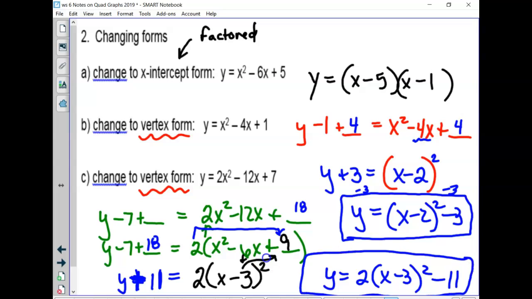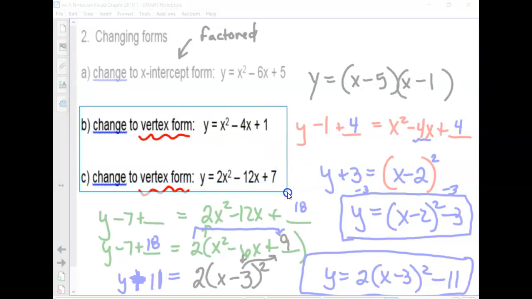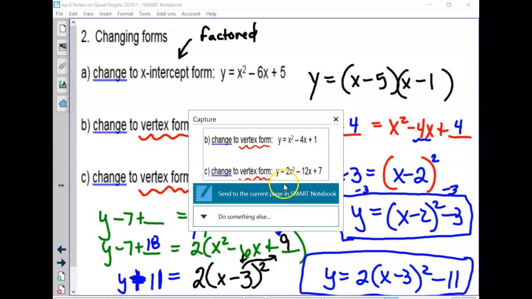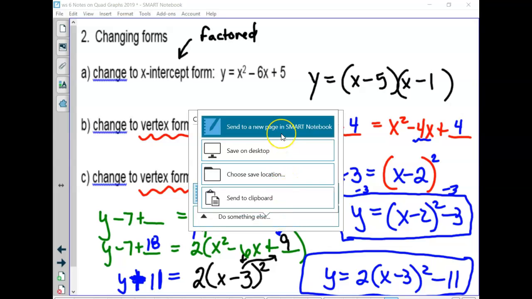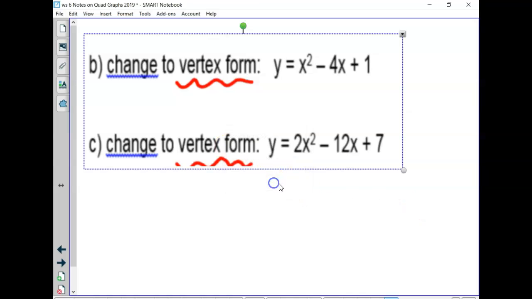you ready to learn a better way to do that? Do you remember my recipe? I'm actually going to do both of these real fast on another paper here by a different method.